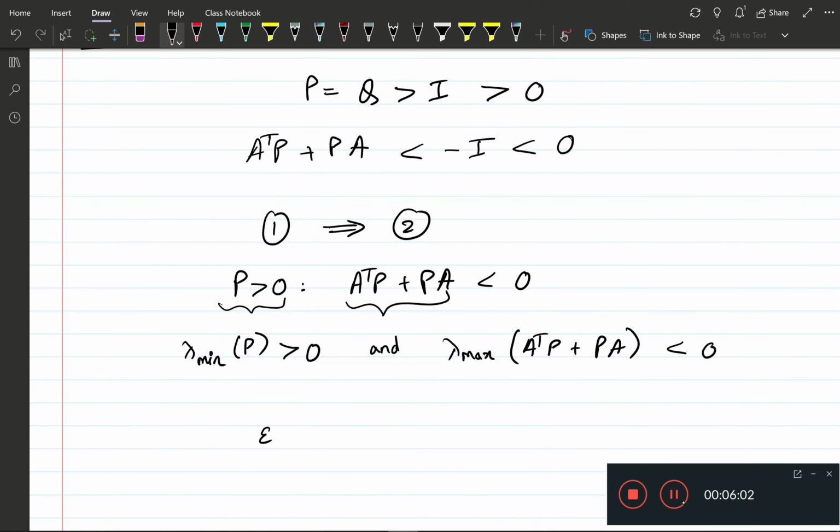Now we can just define epsilon as the minimum of lambda min of P, which is positive already, and so we can define this just as an absolute value. So this is already positive, so the absolute value won't matter, but here it would.